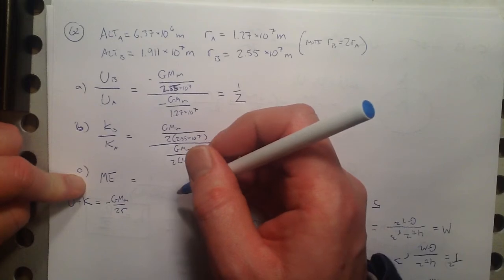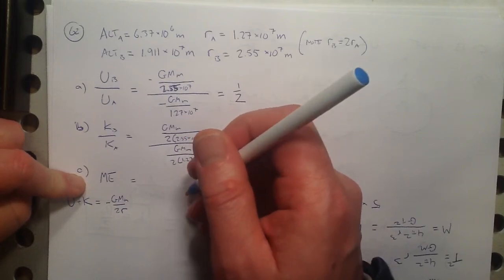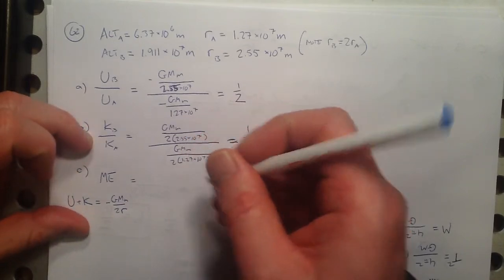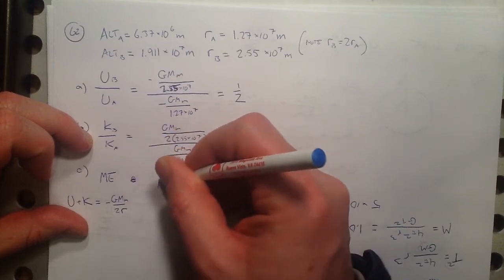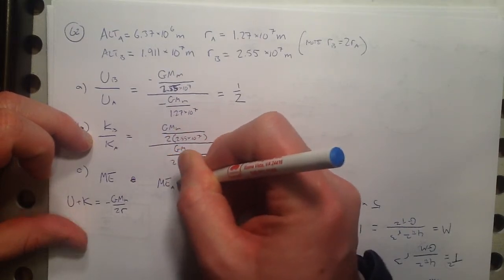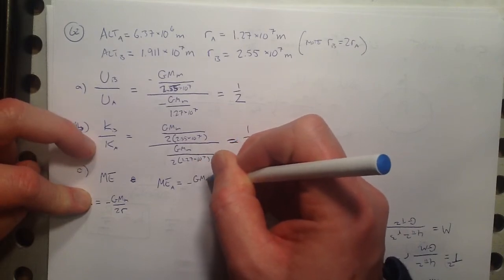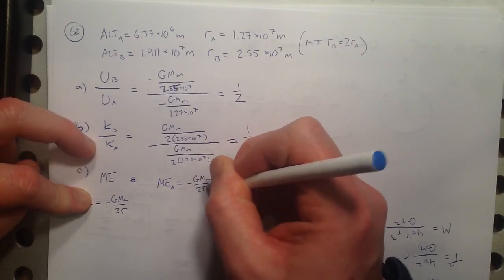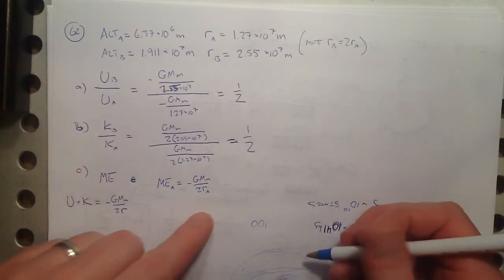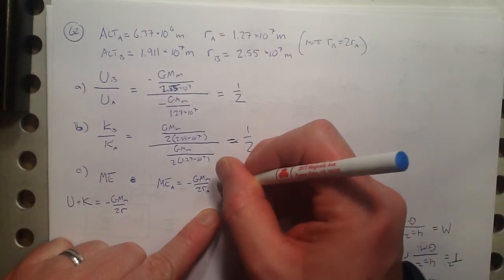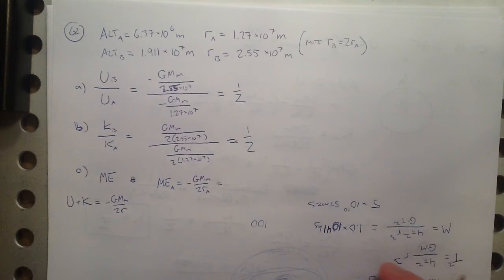So what's the difference between satellite A and B? So the total mechanical energy, let's do it this way, for A is negative GMm over 2 times the radius of A, and we're going to actually calculate that.